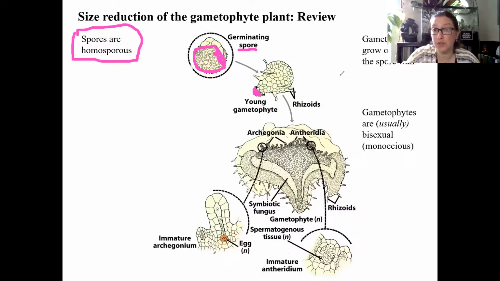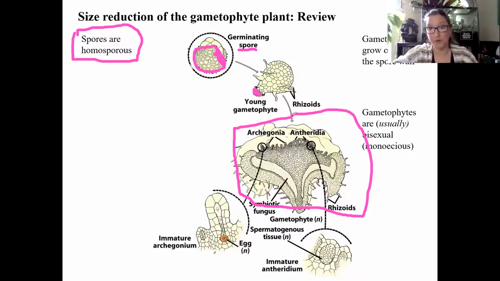If the spores are homosporous, we also know that the gametophytes are usually bisexual. So here is one gametophyte plant. Notice it's not inside of a spore; it's outside of the spore. The spore's gone now, and on it there are archegonia and antheridia, both sex organs on one plant.